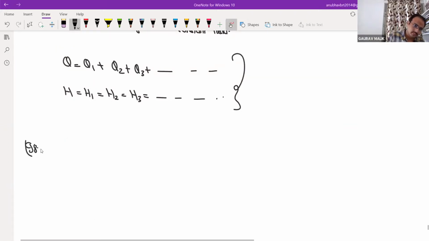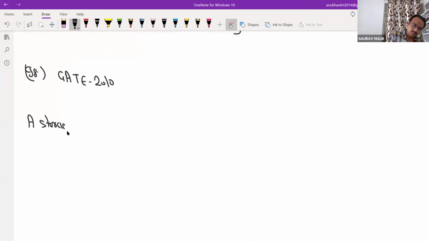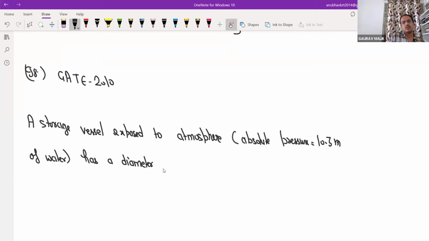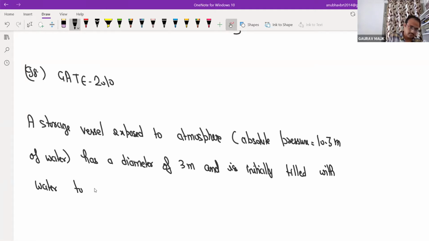Question number 98, year 2010. A storage vessel exposed to atmosphere (absolute pressure is equal to 10.3 meter of water) has a diameter of 3 meter and is initially filled with water to a height of 2 meters.